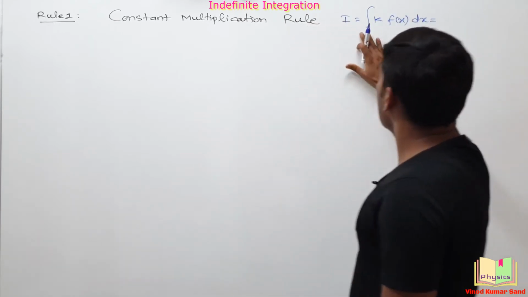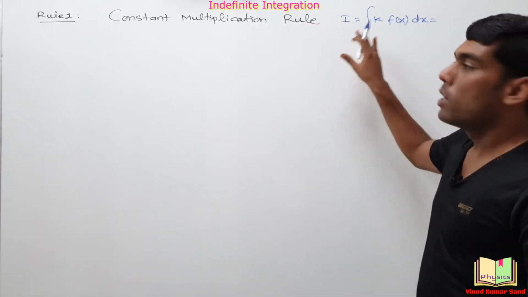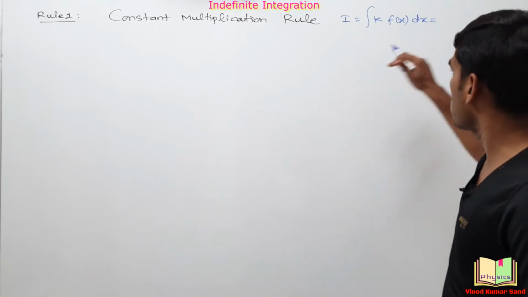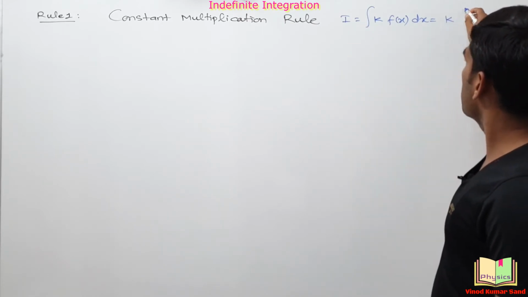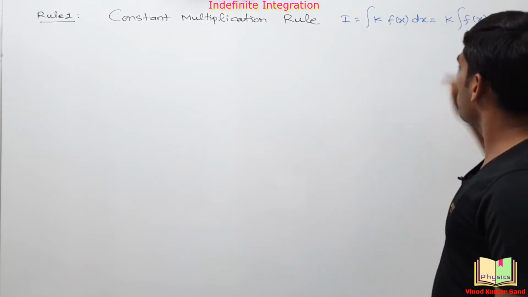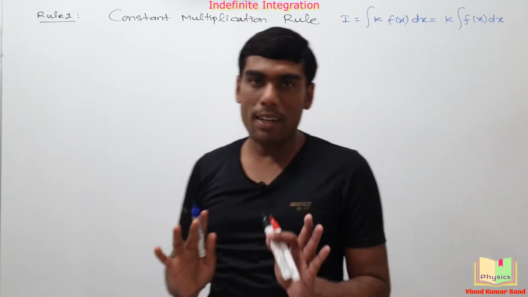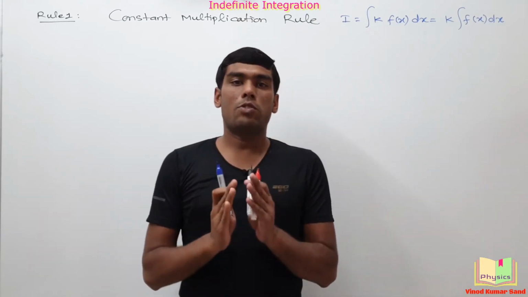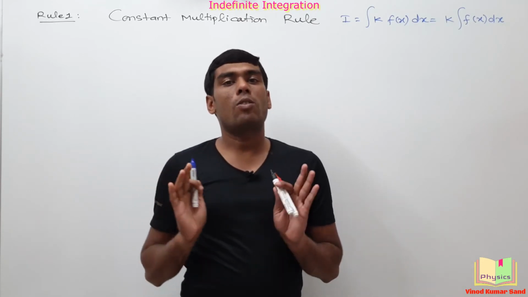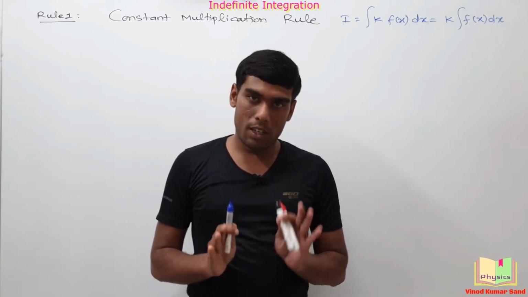Then how do you operate such an integration? For that, the constant k is taken outside of the integration. So you operate it like this: k integration of f(x) with respect to the variable x. Getting it? It's a pretty simple rule. If some constant is in multiplication with the function, you take that constant outside of the integration.